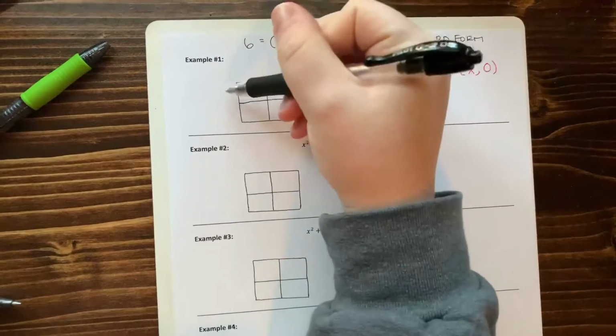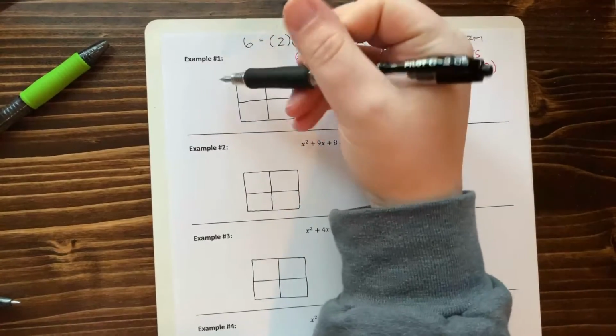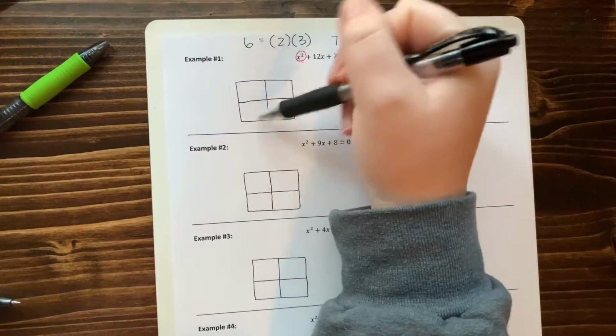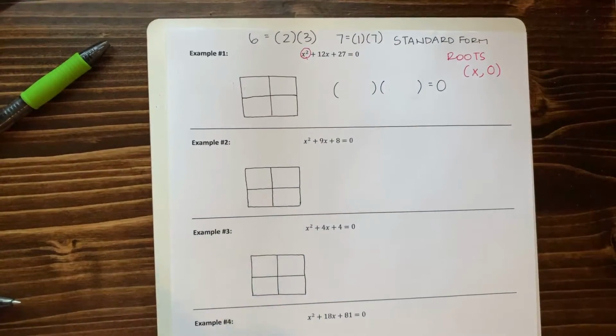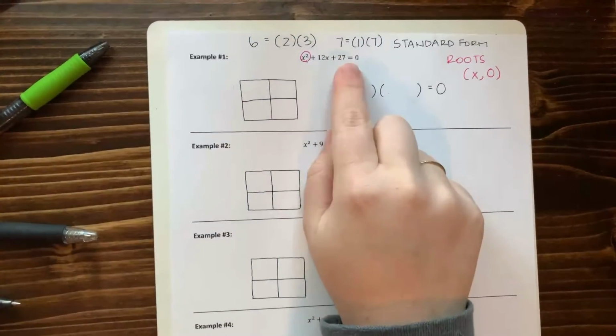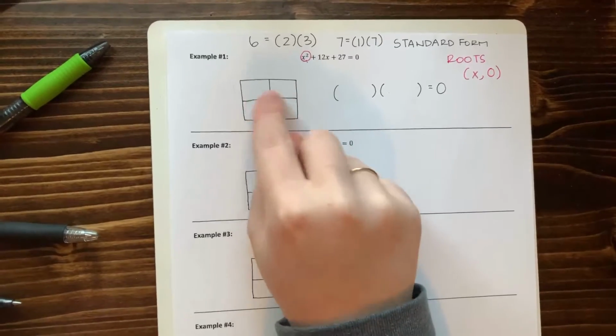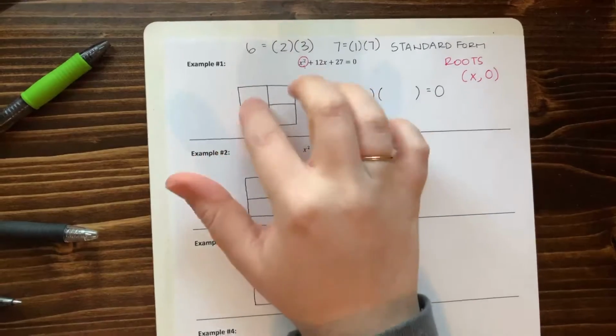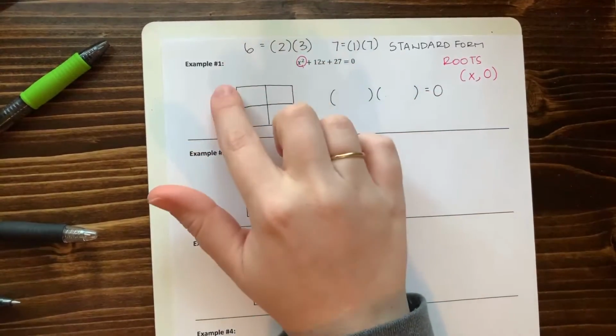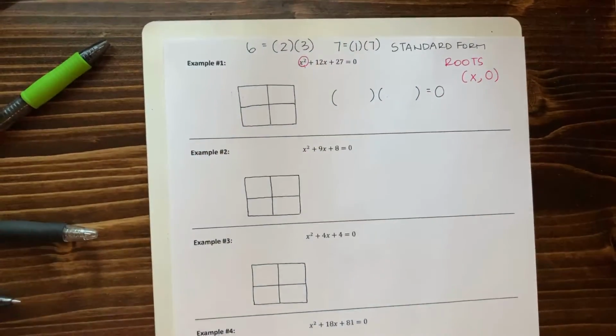And then that helps us figure out the length and the width, the dimensions of this square. Okay, so we need to take our function and put it into these different sections that combine together are the area of this square. Then that again helps us figure out the dimensions.